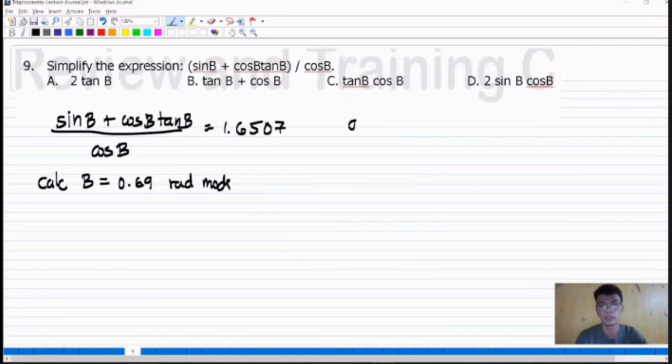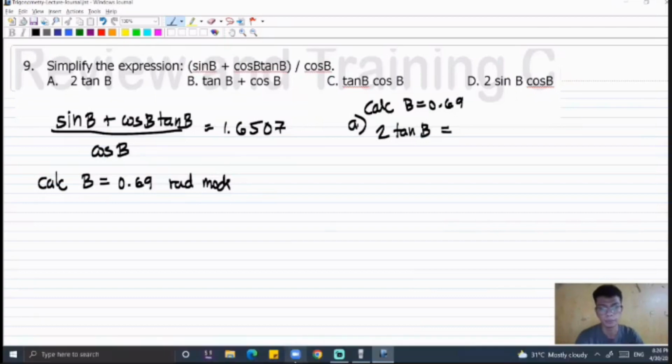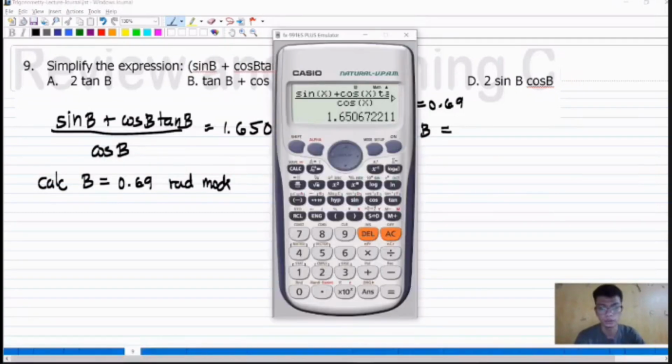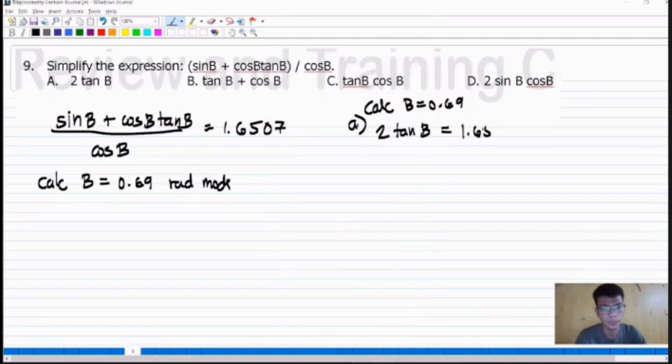At letter A, so calc B is equal to 0.69 pa rin. So, 2 tangent x. Nakasave naman yung 0.69 kay x, no? Kaya sa mga susunod na choices, yung equals na lang yung pipindutin natin. So, this is 1.6507. So, baka si letter A na yung answer.